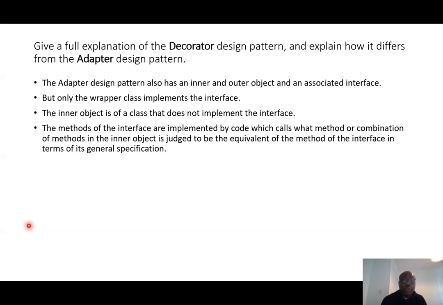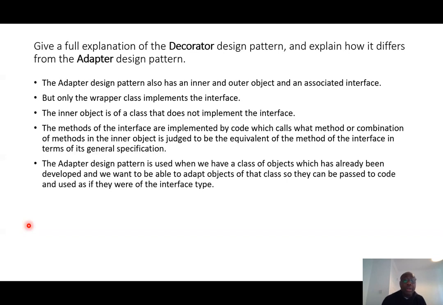The methods of the interface are implemented by code which calls whatever method or combination of methods in the inner object is judged to be the equivalent of the method of the interface in terms of its general specification, the equivalence, not the real one, unlike what we have in the decorator design pattern.